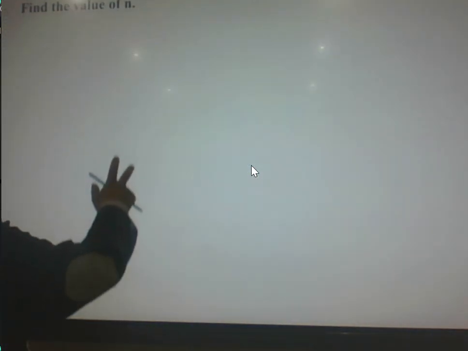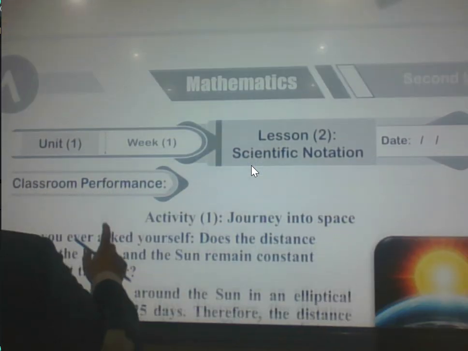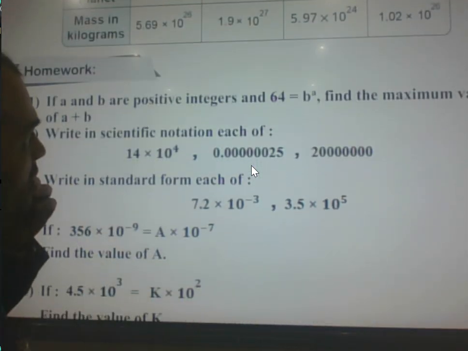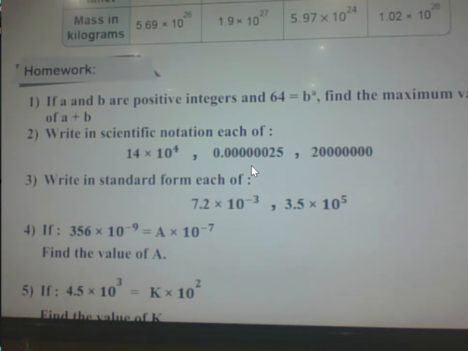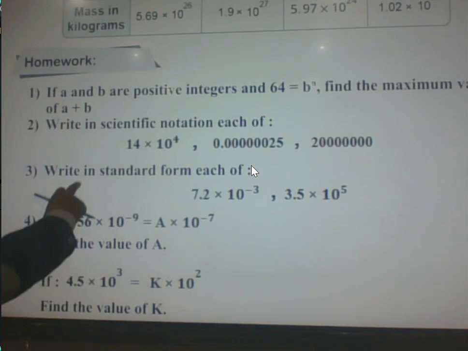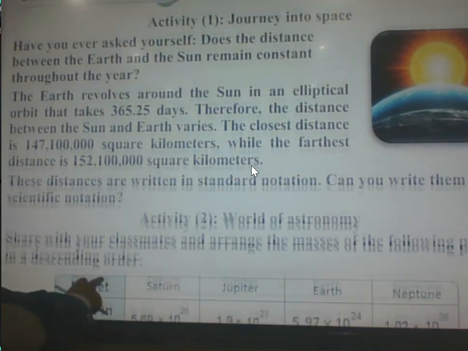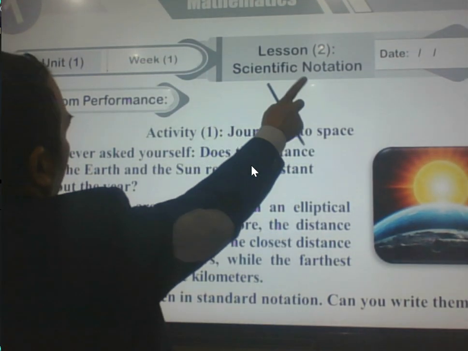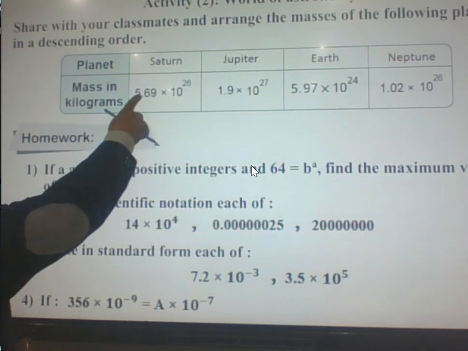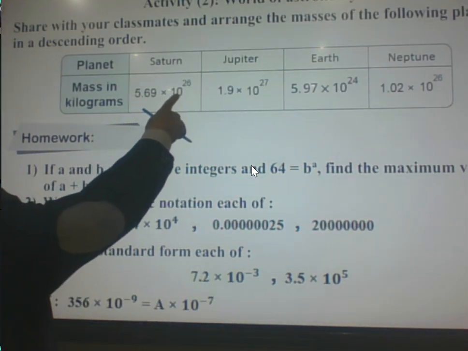It's the first homework here. Listen to week number 1 also. He gave you examples about standard form. Example here, homework, like the last question. Scientific, we speak here about this one. Scientific notation. Do you remember scientific notation? Like this, 5.69 times 10 power 26.